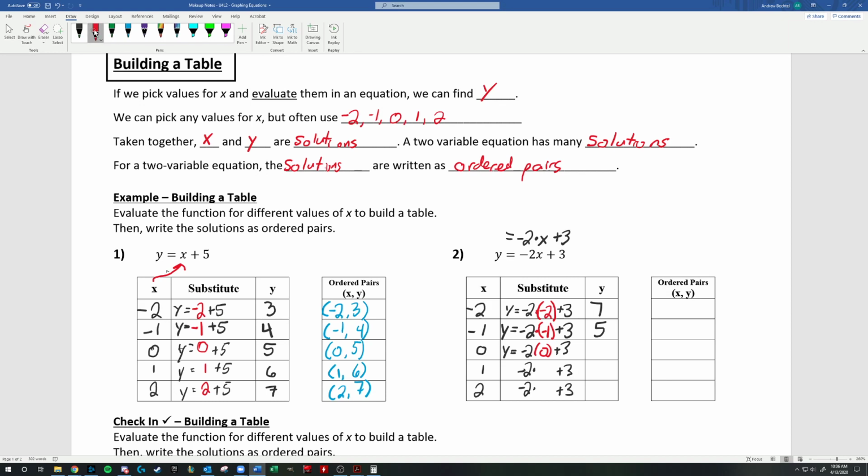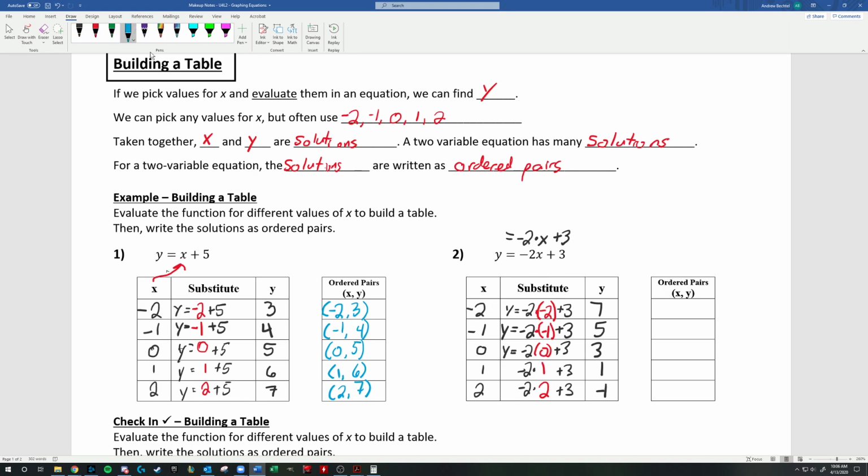So negative 2 times 0, negative 2 times 1, negative 2 times 2, plus 3, plus 3, plus 3. 0 times negative 2 is 0, plus 3, so this one is going to be 3. Negative 2 times 1 is negative 2. When we add 3, we get a positive 1. And then the last one is a negative 1.